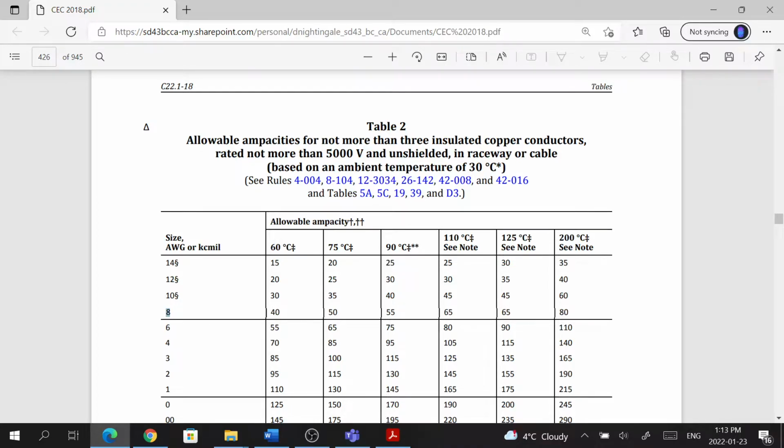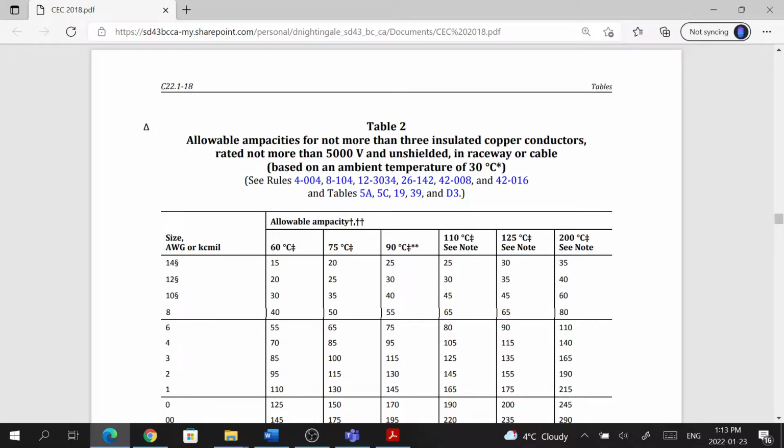So we want to see if number 8 will work for 30.4 meters. We know that the allowable ampacity of that is 40 amps at 60 degrees Celsius. And we have to use the 60 degrees because our termination points are unmarked, so we have to go with the lowest temperature rating. So that number 8 is good for 40 amps.